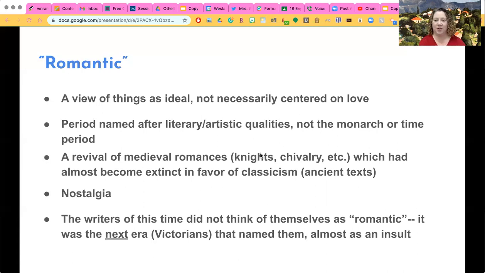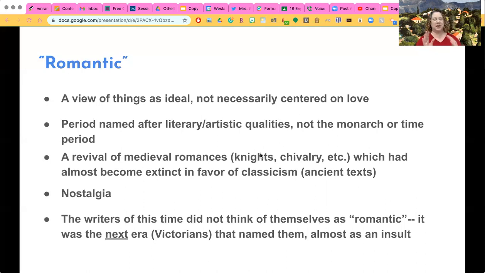So when they called their predecessors romantic, they were sort of throwing some shade at them, saying they had their head in the clouds, they weren't thinking about reality, they were just thinking about beauty and love and writing about that stuff. We Victorians are pragmatic, and we're here for the grisly, ugly parts of life to expose them. And you get Charles Dickens, who's writing about orphans on the street of London and stuff like that.